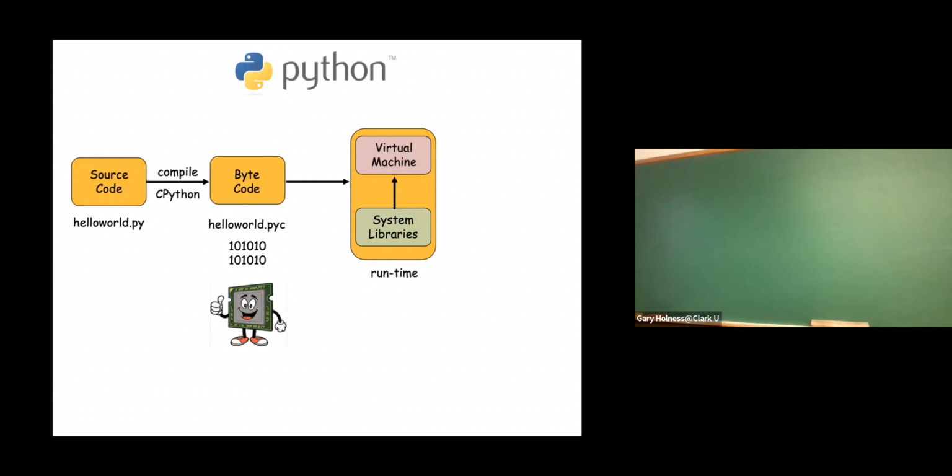So this virtual machine has a bunch of routines written, and it's often written in C. And it takes each one of these sequences of ones and zeros that's meaningful to the VM, and it calls these functions. Also, we have system libraries. The system libraries are implementations of useful things that people need in the course of writing their programs.